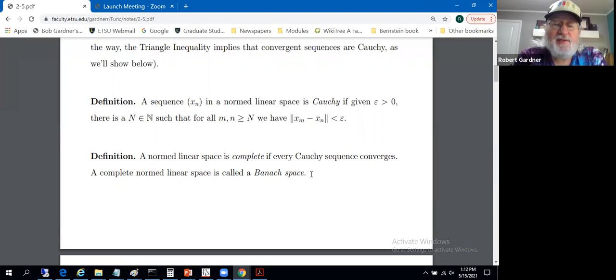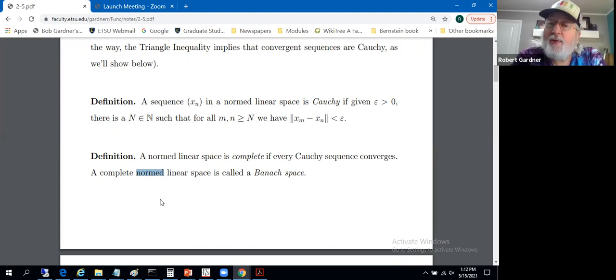This is a class about Banach spaces and Hilbert spaces. Banach spaces are complete normed linear spaces. Hilbert spaces are complete inner product spaces. In a Banach space, you can measure distance. In a Hilbert space, there's an inner product like the dot product, so you can measure angles.